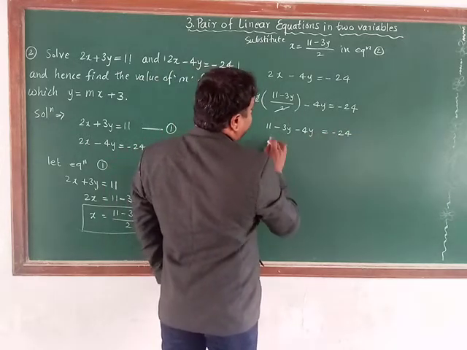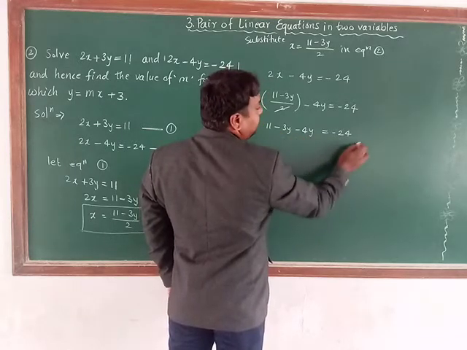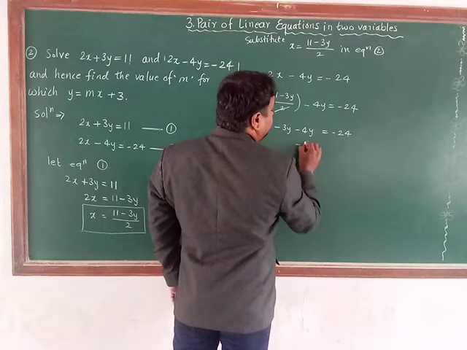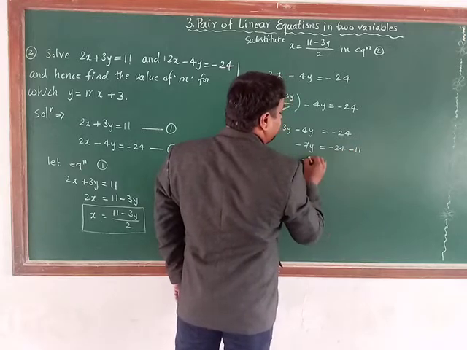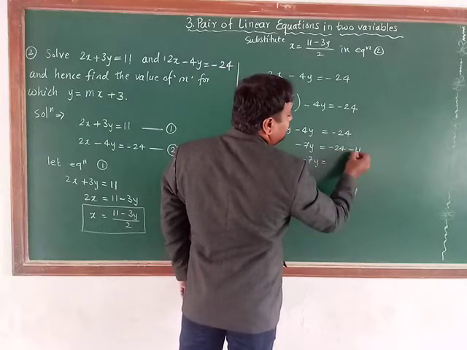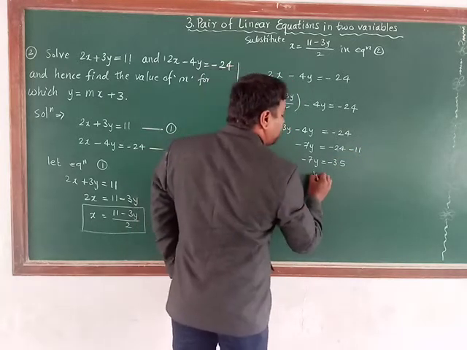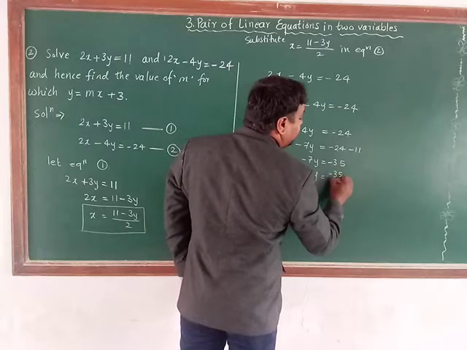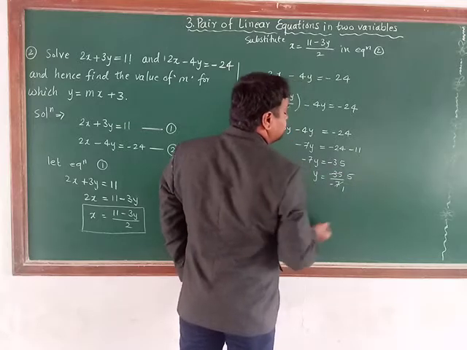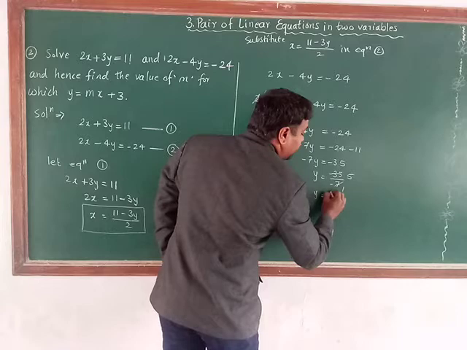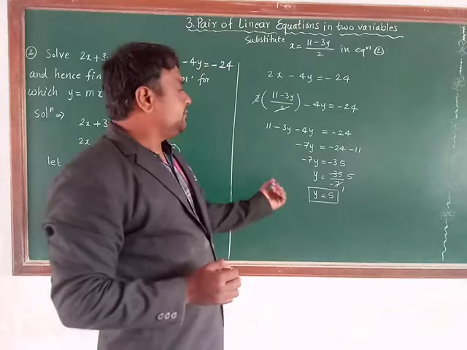That is 11 minus 7y is equal to minus 24, and the 11 shifts to the other side, so we get minus 7y is equal to minus 24 minus 11, which is minus 35. So y is equal to minus 35 divided by minus 7. 7 ones are 7, 7 fives are 35. So y is equal to 5. We got the value of y, which is 5.